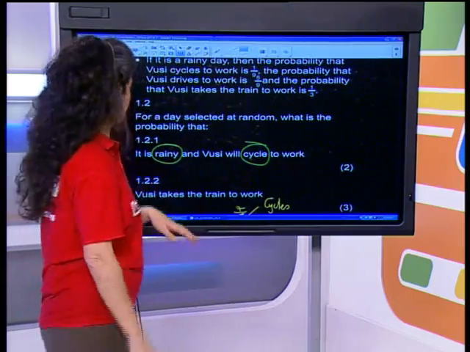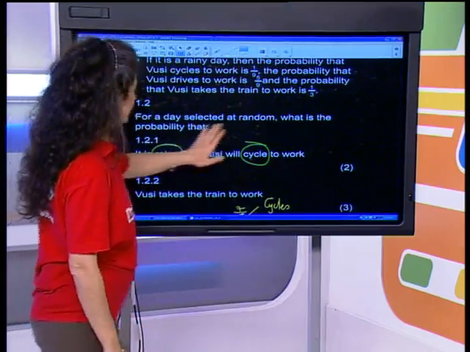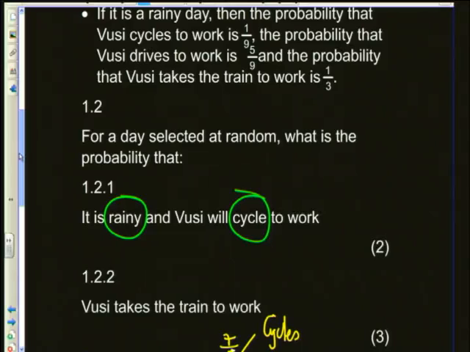Right, I left you where we were in the middle of drawing that tree diagram, and just to get things nicely fitting on the screen, I've just redrawn it, and now let's answer the question. The question was, for a day selected at random, what is the probability that it is a rainy day and Vusi will cycle to work? So probability that it will be a rainy day and Vusi will cycle to work. Notice the word and, so we are taking the probability of the rain and the cycle at the same time.